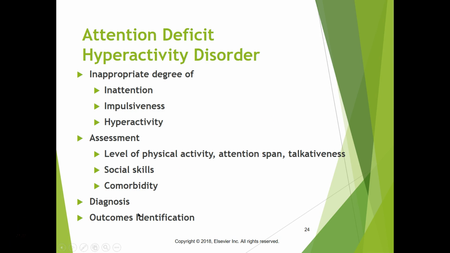Some other comorbidities that your book talks about are that sometimes some of these kids are also diagnosed with oppositional defiant disorder or conduct disorder, which we're going to be talking about next. They can also have difficulties with their mood and possibly some specific learning disorders. Many times these kids do have depression, and anxiety usually goes along with depression.